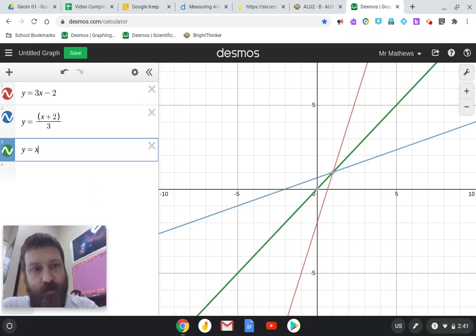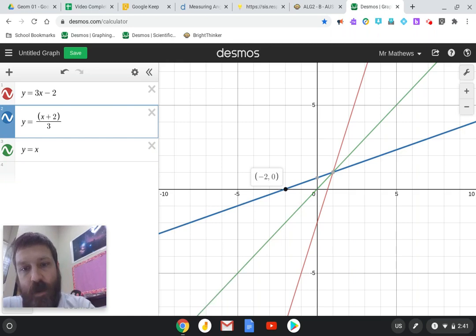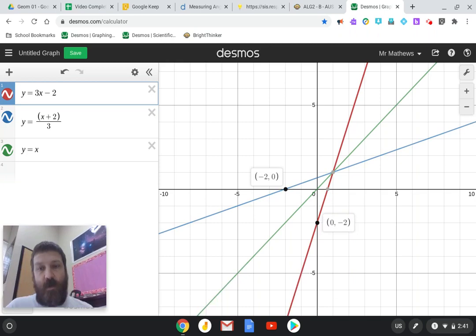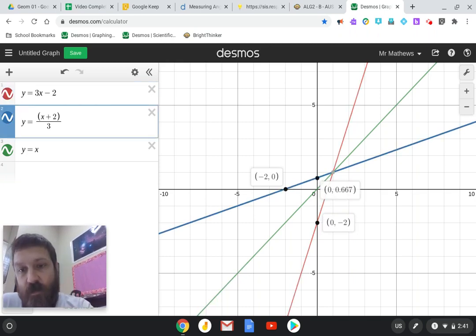And that should make sense to us because if we say y equals x, and we just switch the x and the y values, if I pick that point there, negative 2, 0 on the blue line, then I should have the opposite point on the other line, which would be 0, negative 2. So let's go look. And sure enough, there's 0, negative 2. I could do the same thing here. What if I looked at these 2 points?